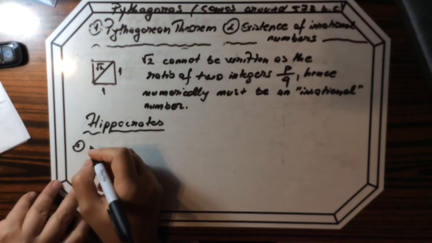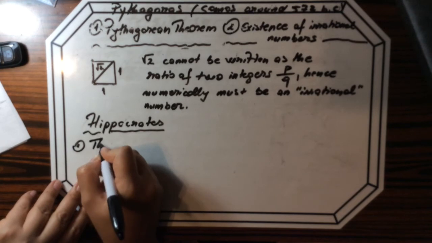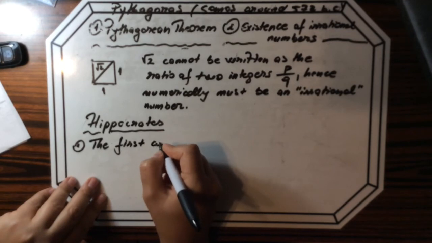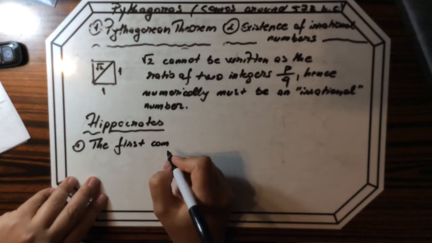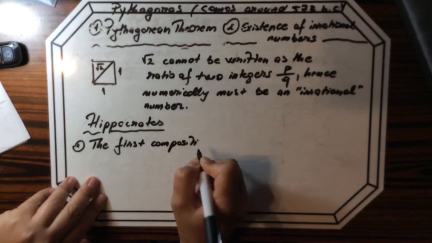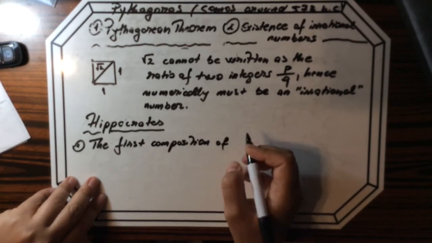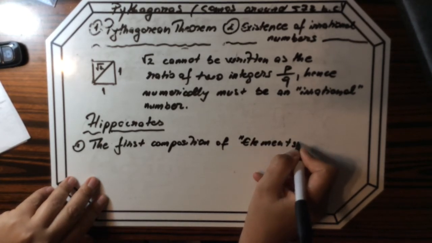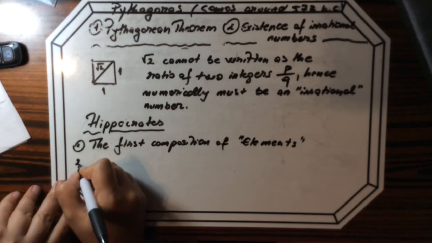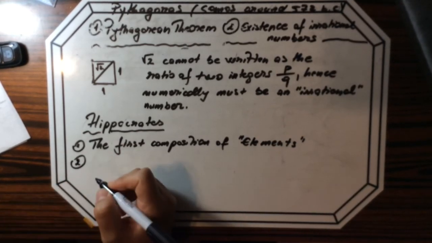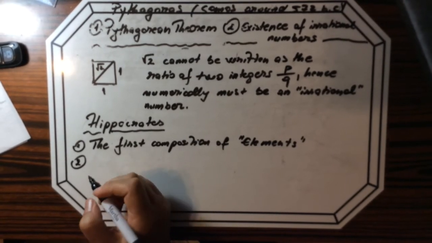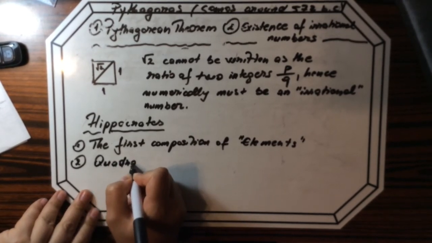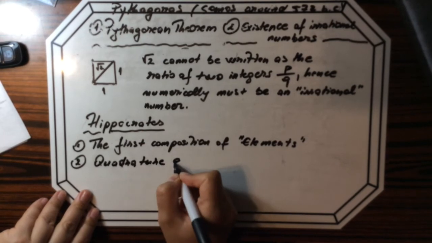One of them was the first composition of Elements, the book Elements. And the next contribution, the one that he is more known for, is the so-called Quadrature of the Lune.